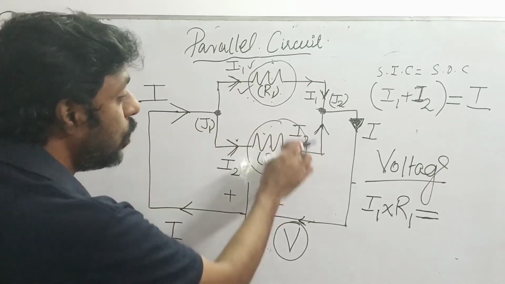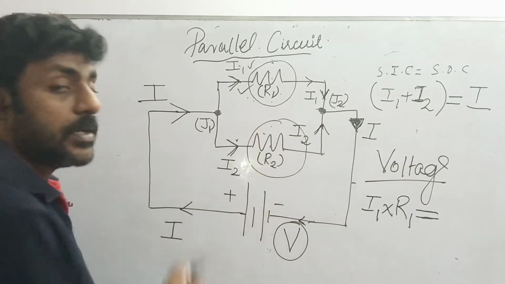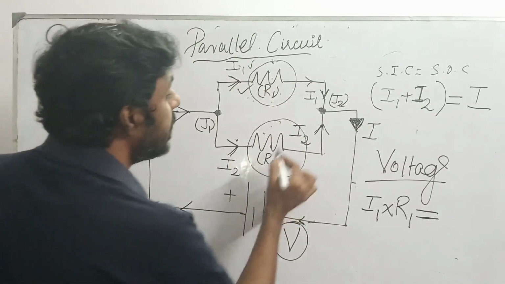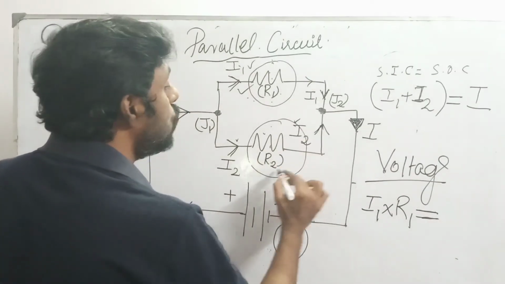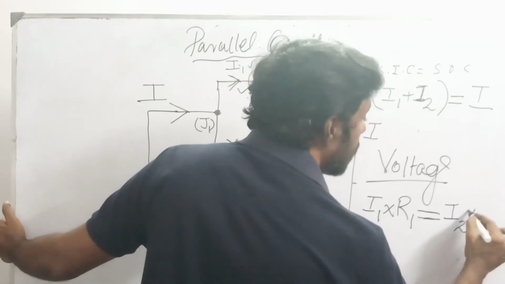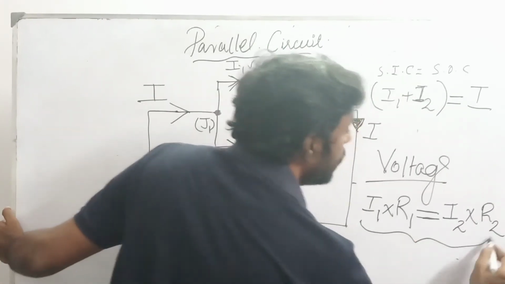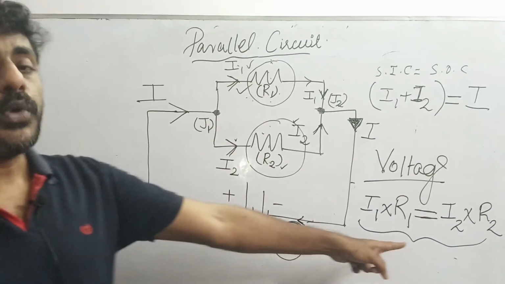What is the voltage developed across the resistor R2? It is nothing but the product of current I2 and R2. So I1 into R1 is equal to I2 into R2.